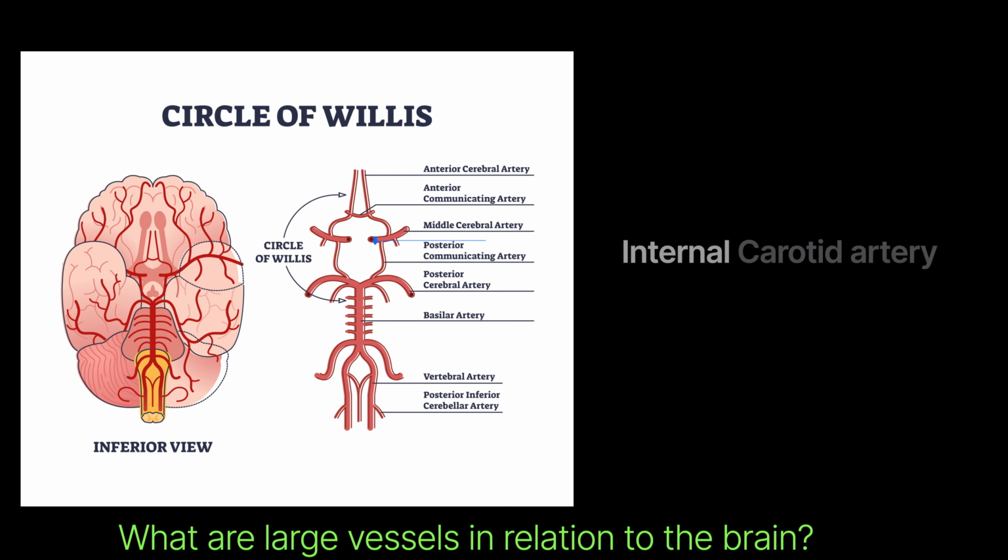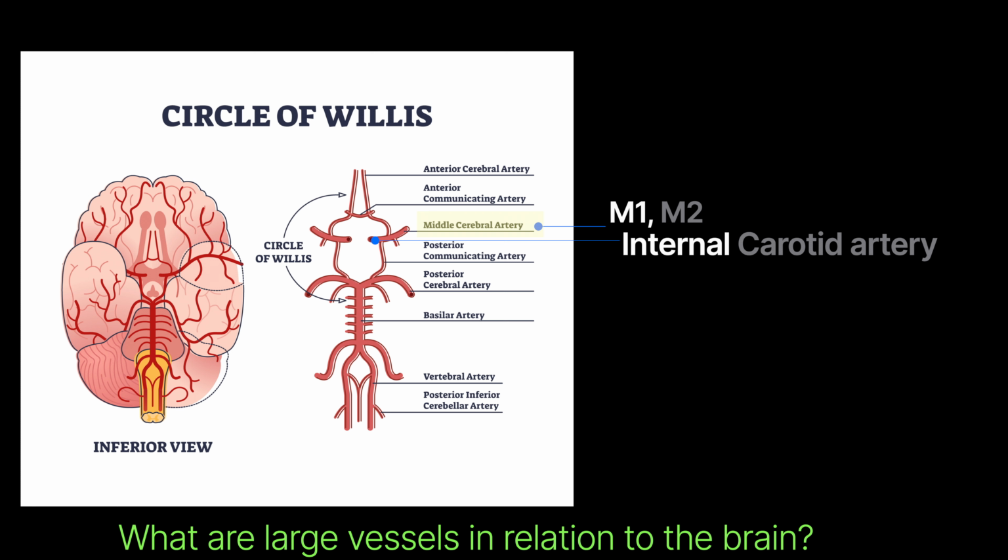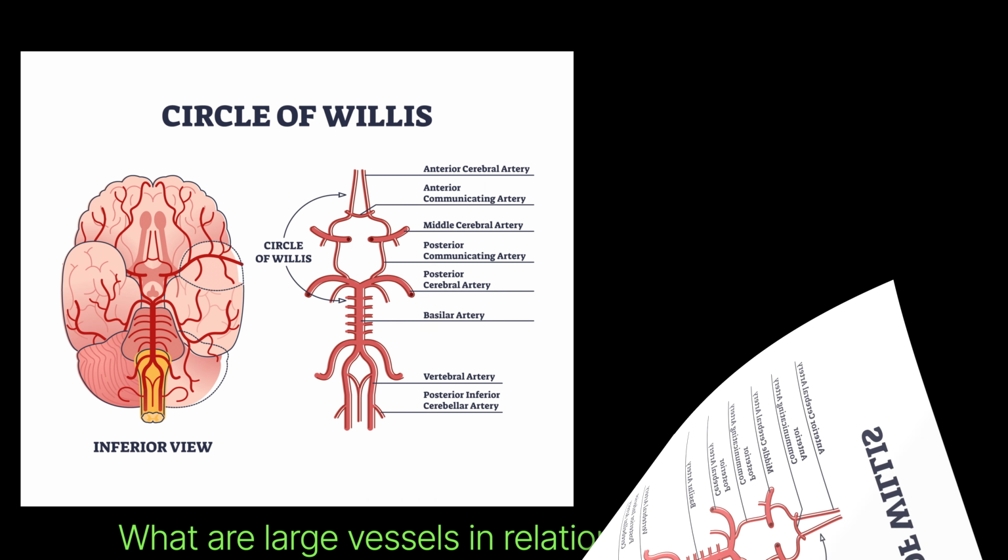These include the internal carotid artery, the M1, which is the first branch of the middle cerebral artery, M2, the second branch of the middle cerebral artery, A1, which is the first branch of the anterior cerebral artery, the intracranial portion of the vertebral artery that feeds the back of the brain, the first branch of the posterior cerebral artery, or the P1, and the basilar artery. These are all considered large vessel.